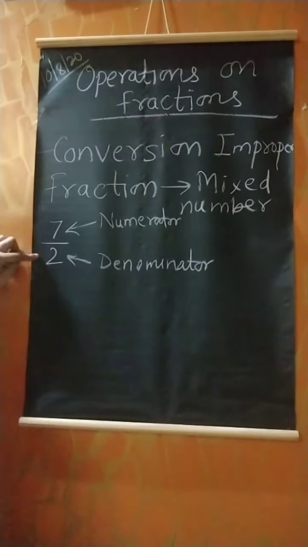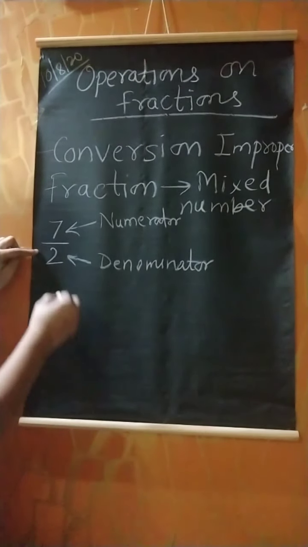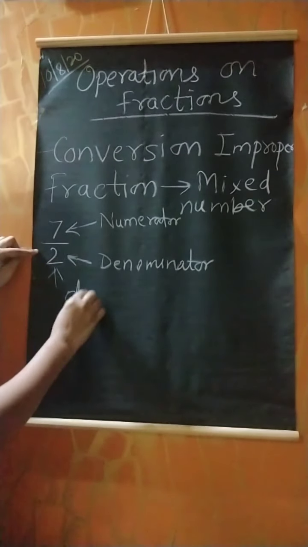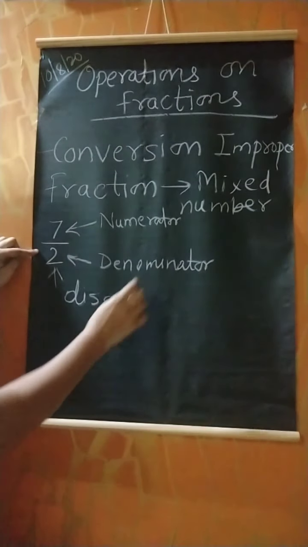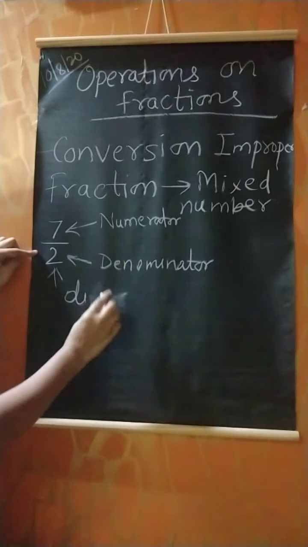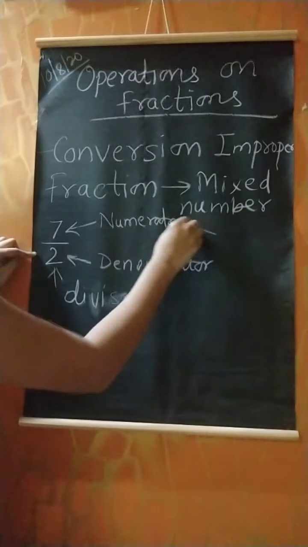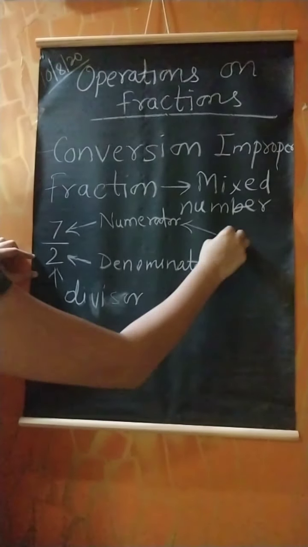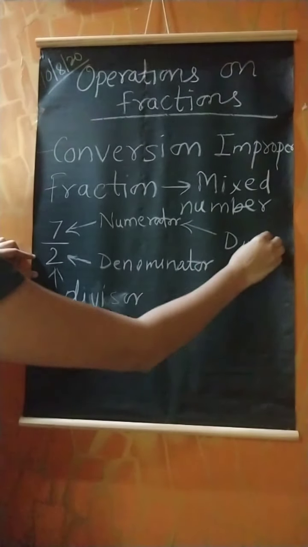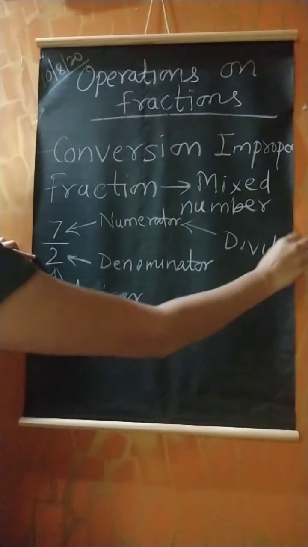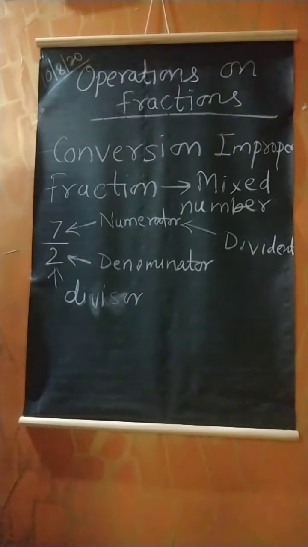So, this denominator always acts as the divisor, and this numerator always acts as the dividend.